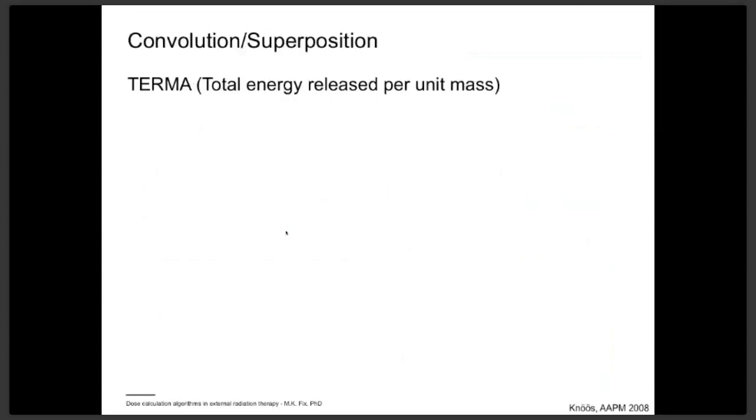So first to the terma, the total energy released per unit mass. It is comparable with the kerma, but it's not really the same. It's covering the total attenuation coefficient weighted by the energy fluence, not only the energy transferred to charged particles. This also takes into account the energy of a secondary photon released in this interaction point, for example.